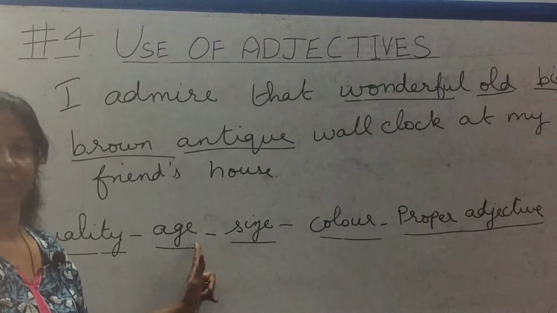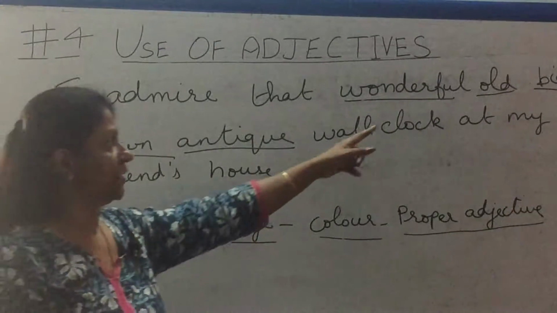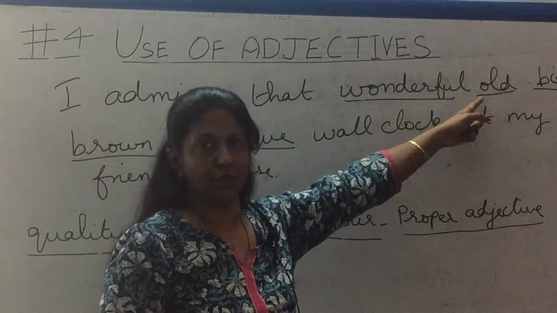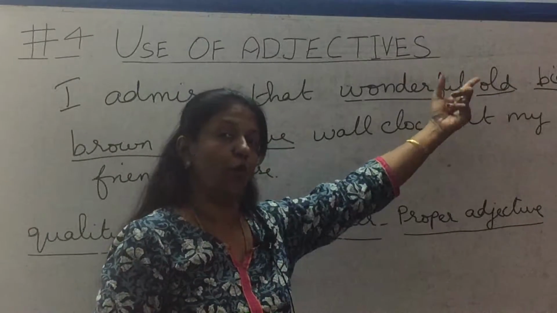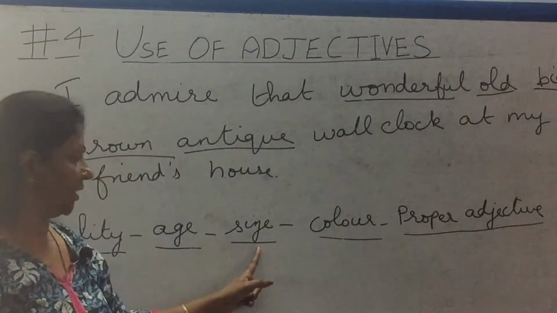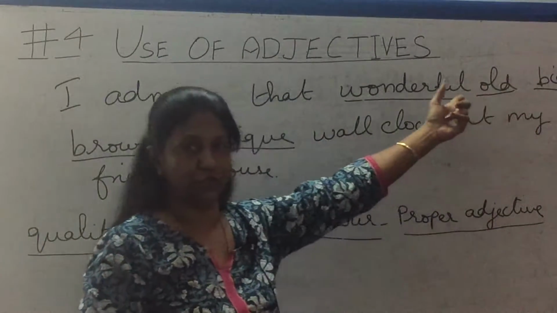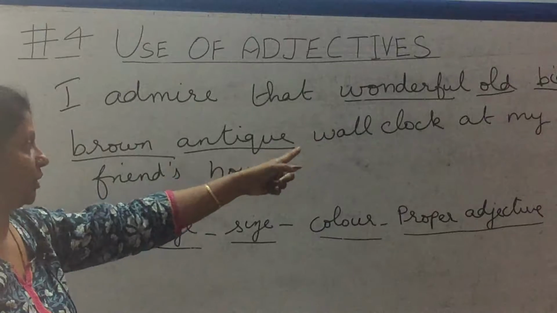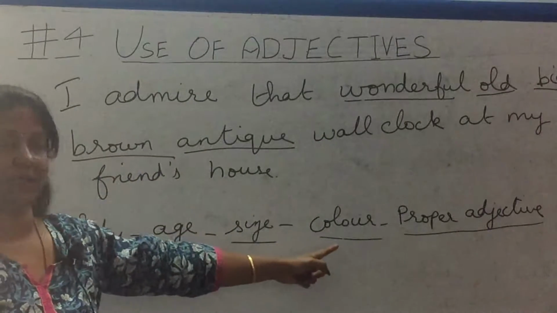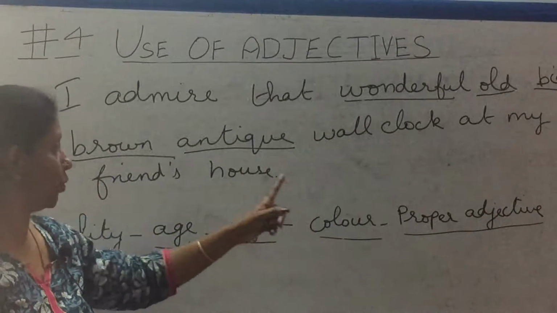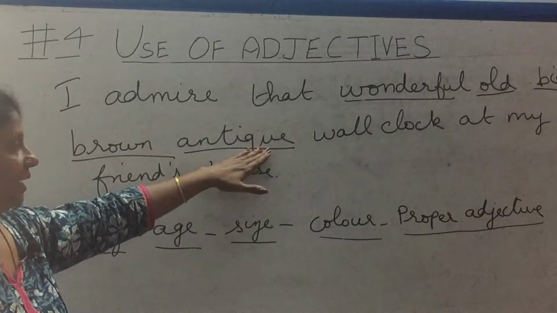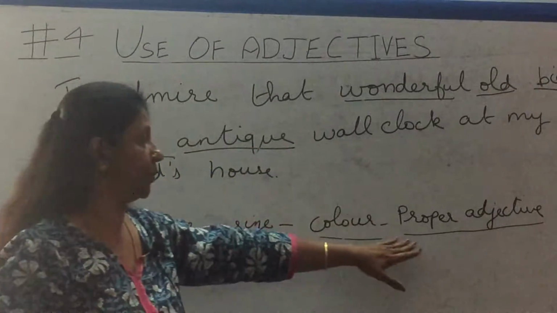Then you say the age. Age in the sense it's old. Okay. So it's not a modern wall clock. It's an old wall clock. Then I am telling the size of the wall clock. It's big. It's huge. These are words to describe the wall clock. Brown. Then again I am telling the color of the wall clock. Antique. So here antique becomes the proper adjective.